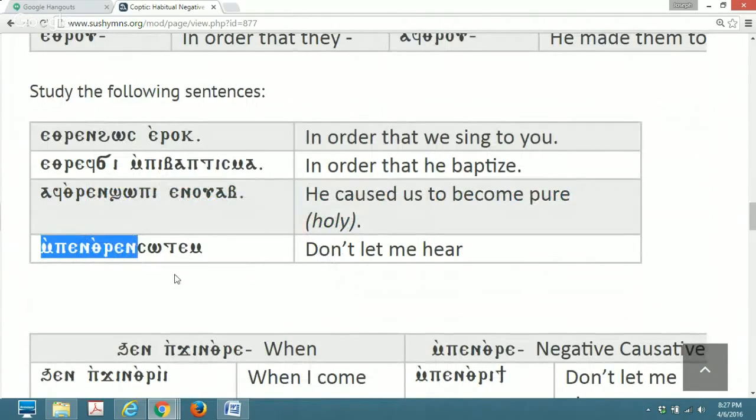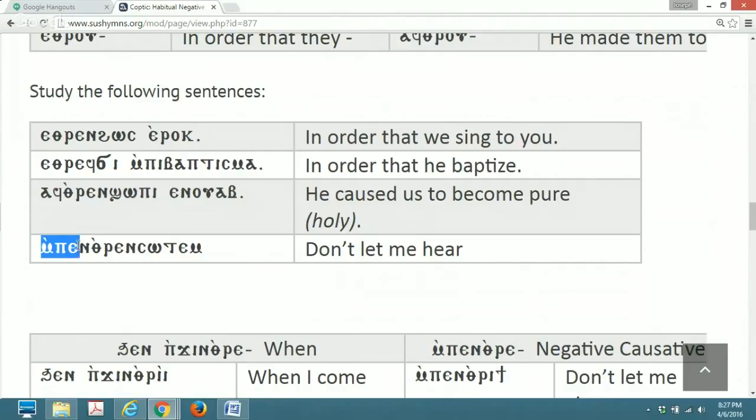Impenethren. So impen is basically the equivalent of imper. Remember, we talked about imper means do not, but whenever imper is prefixed to the causative, for whatever reason, it has to do with the assimilation, which is the concept of how to vocalize, you won't see it as a row; it'll be an n.